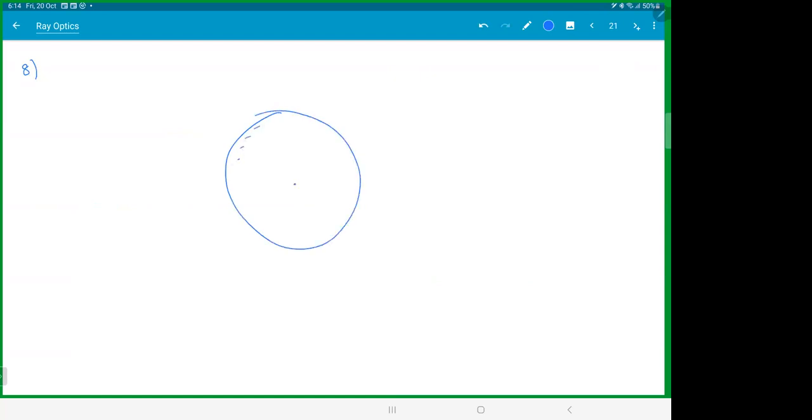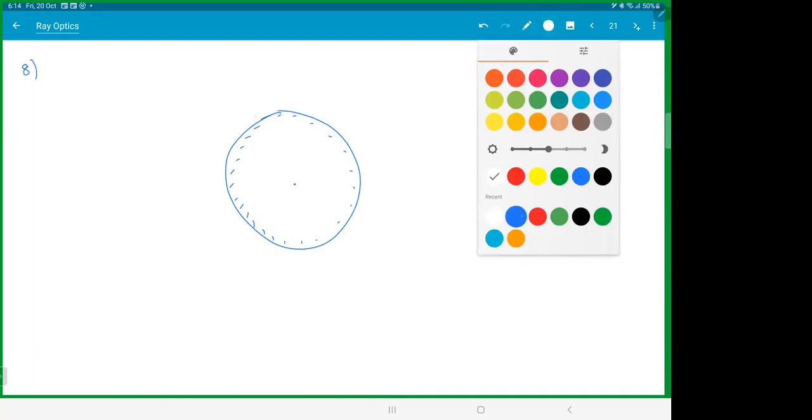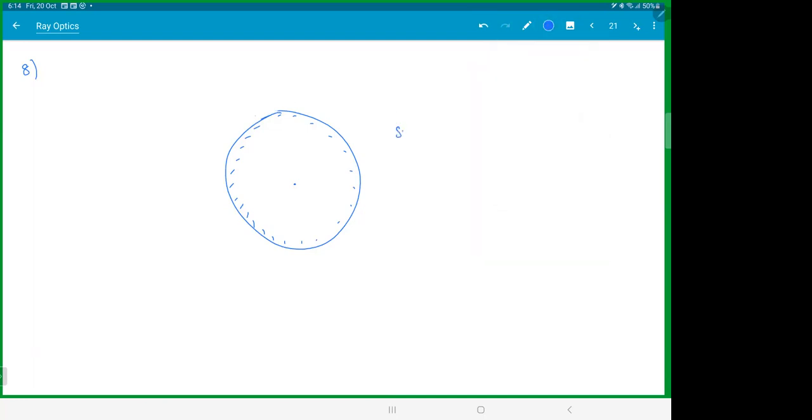We have a spherical mirror, radius r. From here, from the center, there is a bulb here.